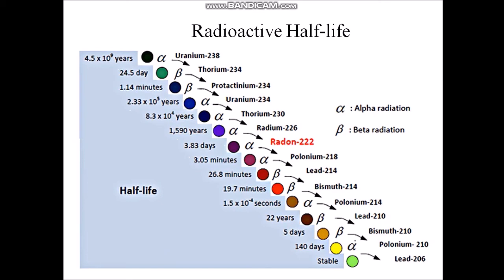It will emit radiation until it attains a stable configuration. So this stable configuration is nothing but what? Lead. Until it attains lead, the atom will not be stable.